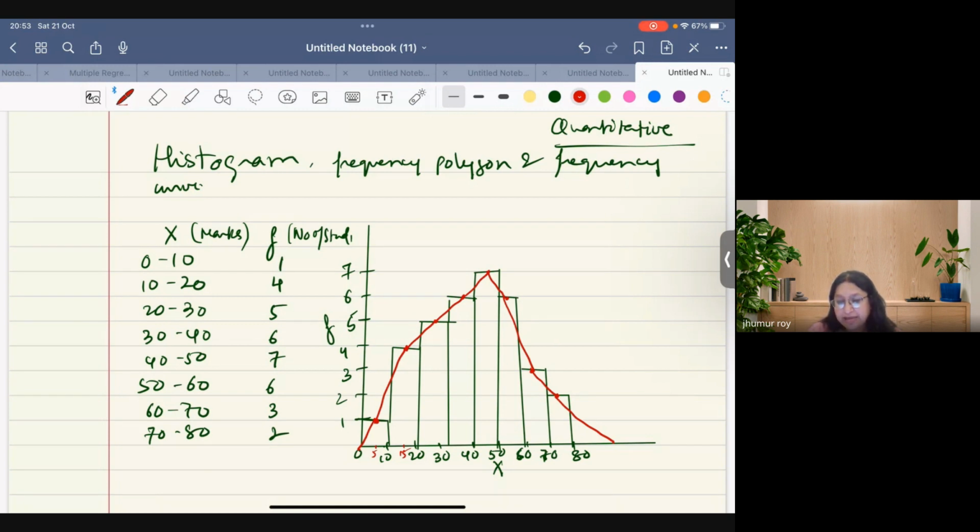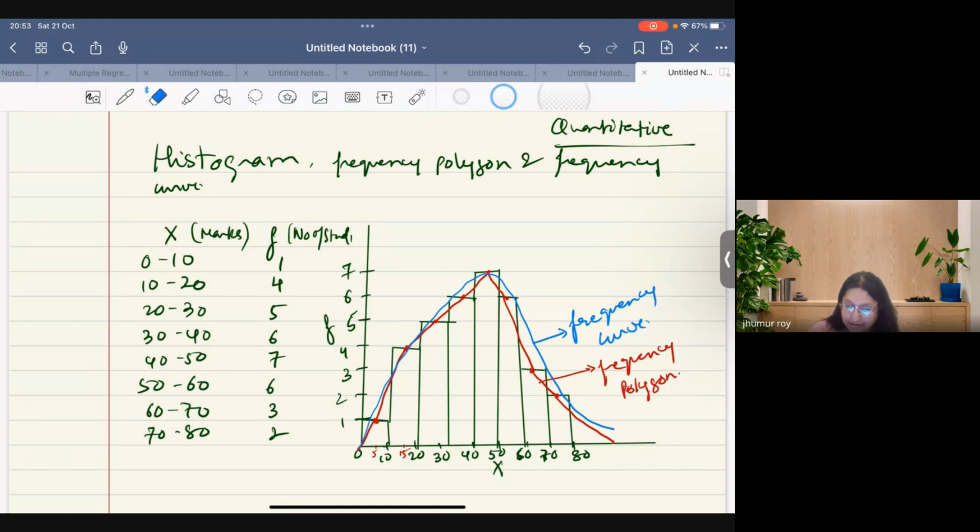And the same thing, if by chance I want to draw a curve to represent it better, then this is called a frequency curve. Okay, so if I'm joining with exact points, it is called a frequency polygon. And the bars that I've drawn are called a histogram.